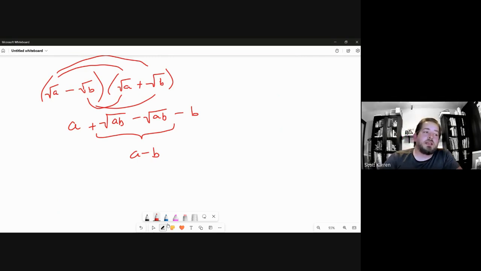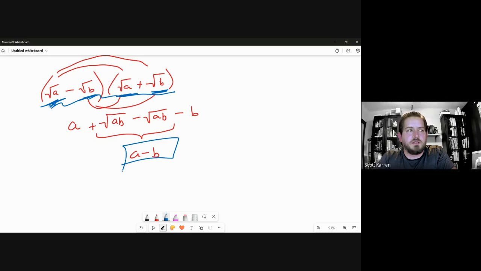But what's interesting about this is we started with irrational, or potentially irrational, terms. If a and b are rational numbers, these guys are all potentially irrational, but I multiply them together and I got a rational number.